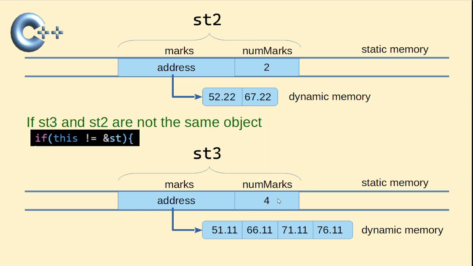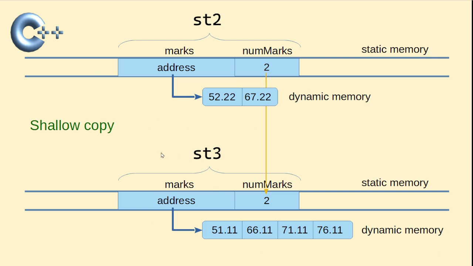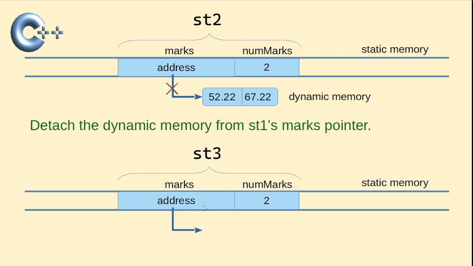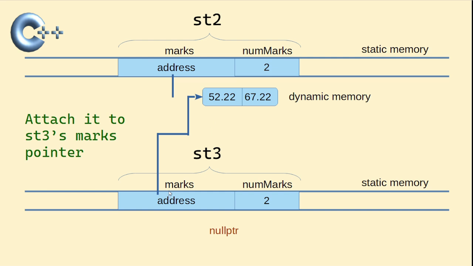After that it deletes the marks, the dynamic memory space that is associated with the st3 object, and it detaches the marks pointer of the st2 object from its dynamic memory space, and it makes the marks attribute of st3 point to that dynamic memory space.